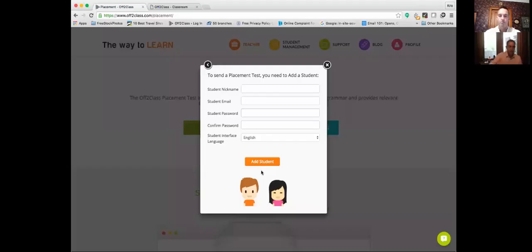So I set up the student credentials. I provide the student with a nickname, an email, and a password, and I'm delivered those credentials into my inbox as a teacher, and then I can share them with the student however I want. So the students do not need to buy any access. The accounts are completely controlled through the teacher.